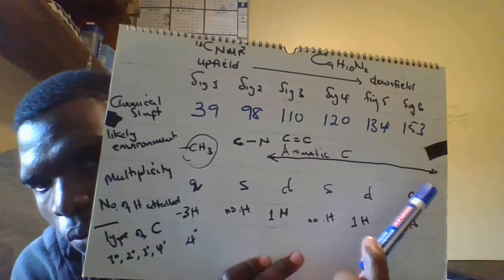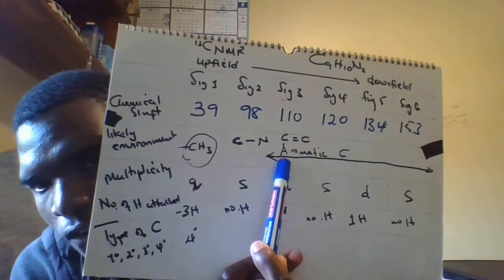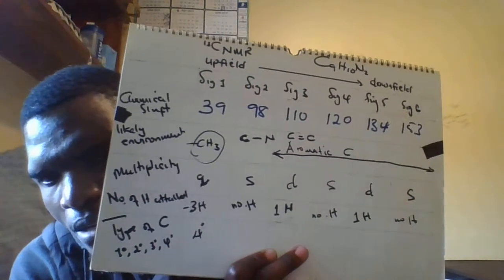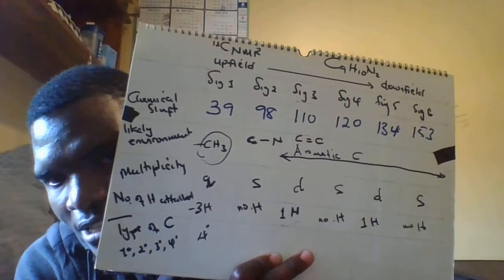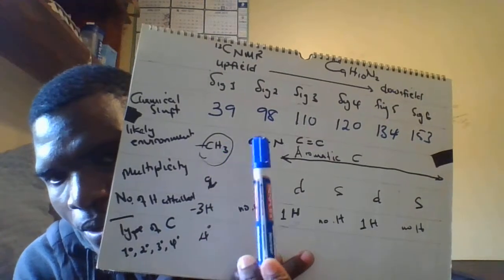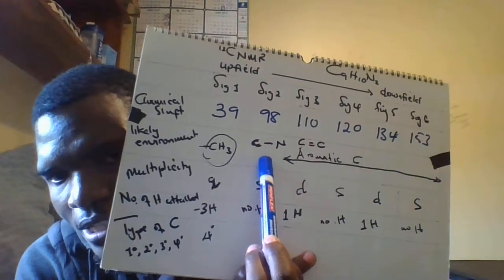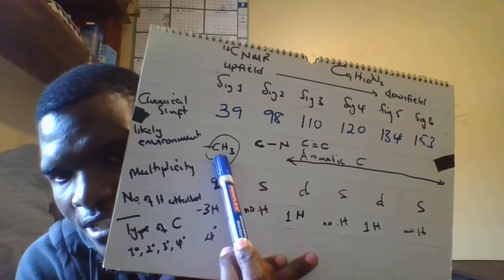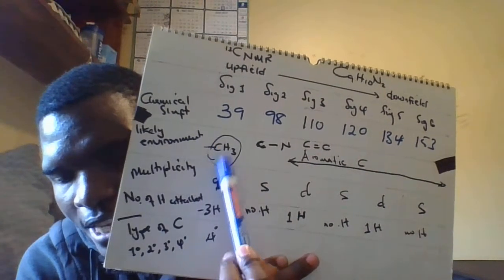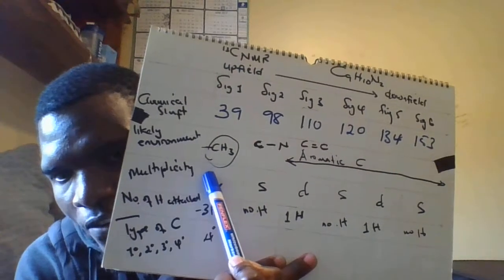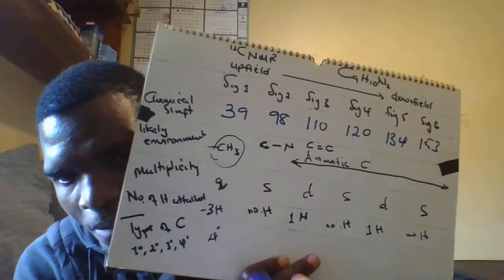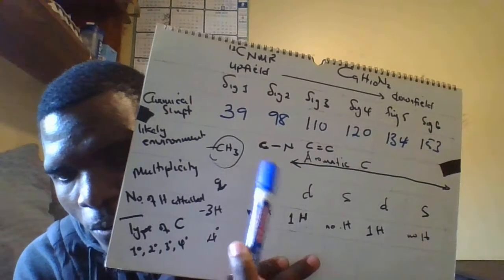So we have 1, 2, 3, 4 carbons on the benzene ring, right? Then we have this carbon, and we have these carbons. So now we just have to picture our structure.